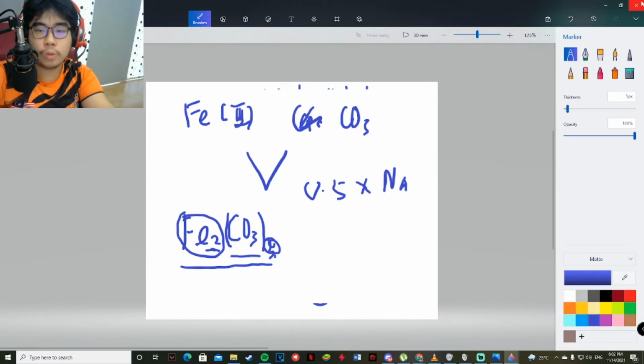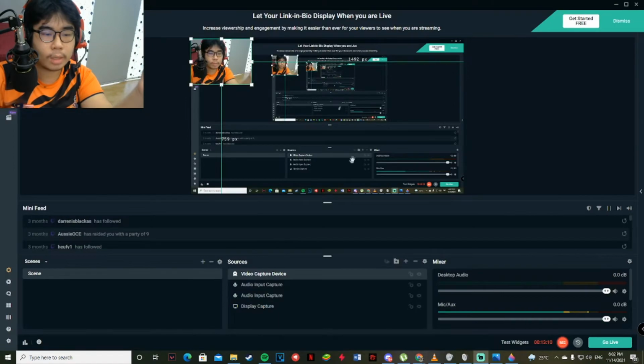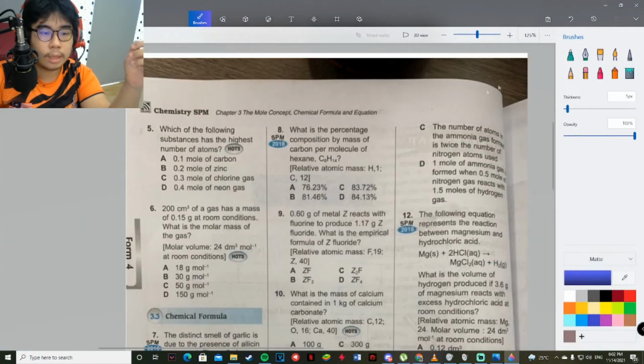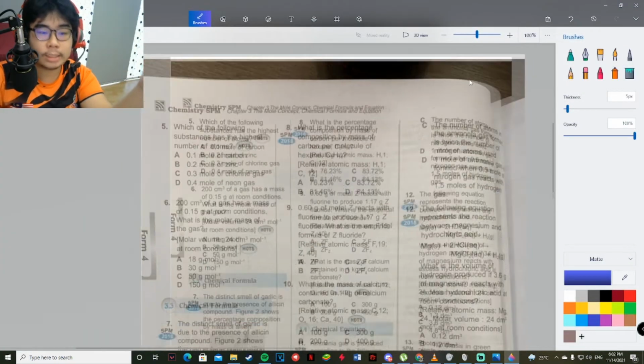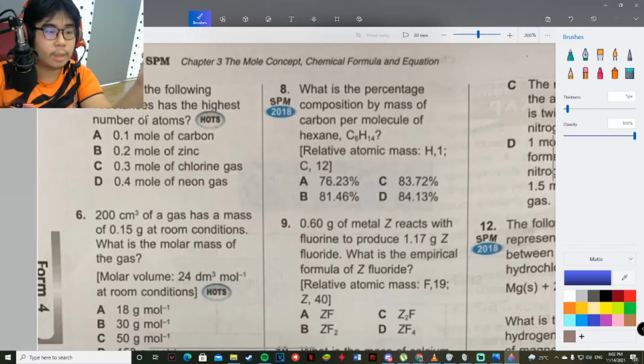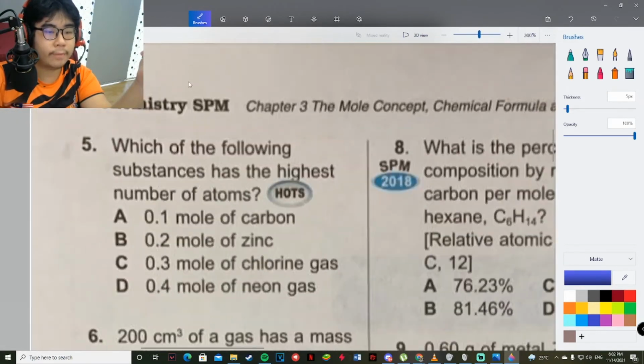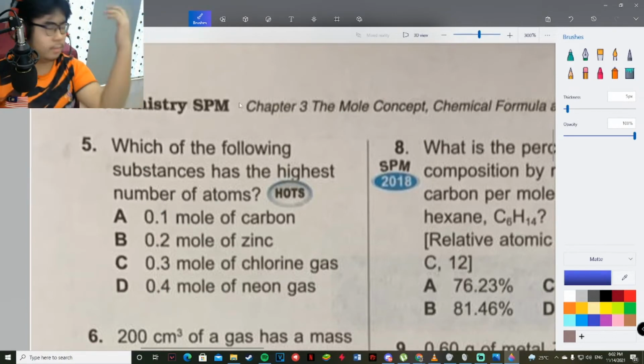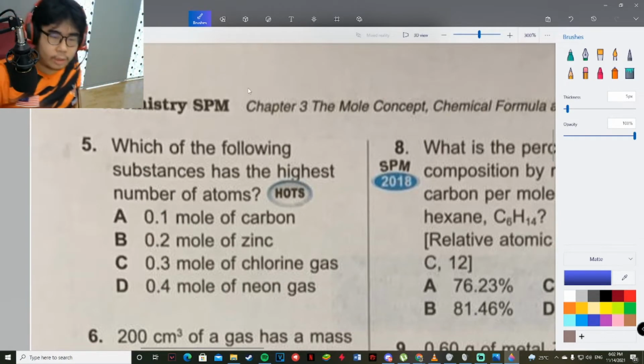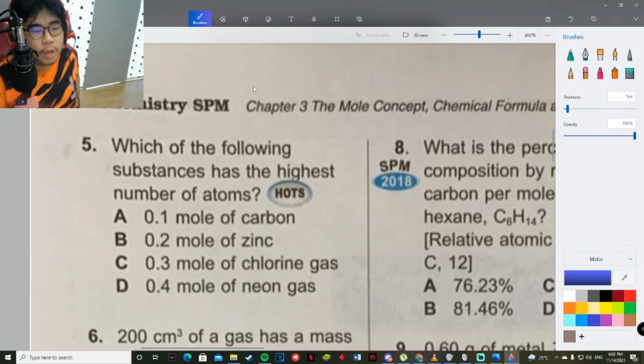So let's hop into a couple of questions and analyze the question. This is number 5, which I take from a reference book I bought during SPM time. Number 5: which of the following substances has the highest number of atoms?